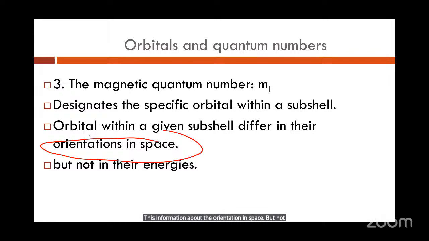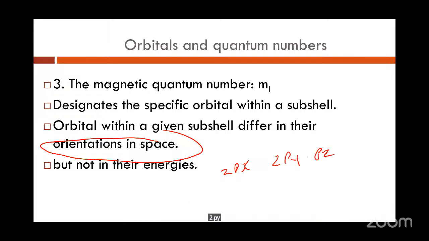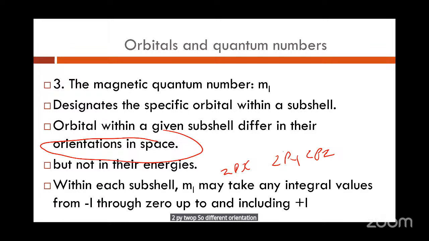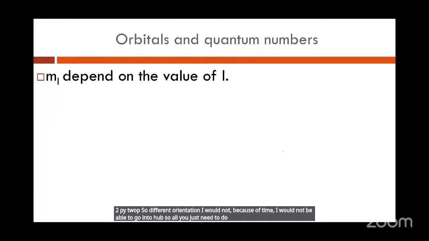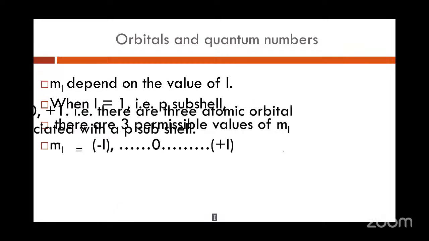This is the stage where we talk about, if you're looking at P, then you have Px, Py, Pz. So different orientation. Because of time, I will not be able to go into all. So all you just need to do is to read all this. I'm looking at my watch and trying to see how much I can push across to you.